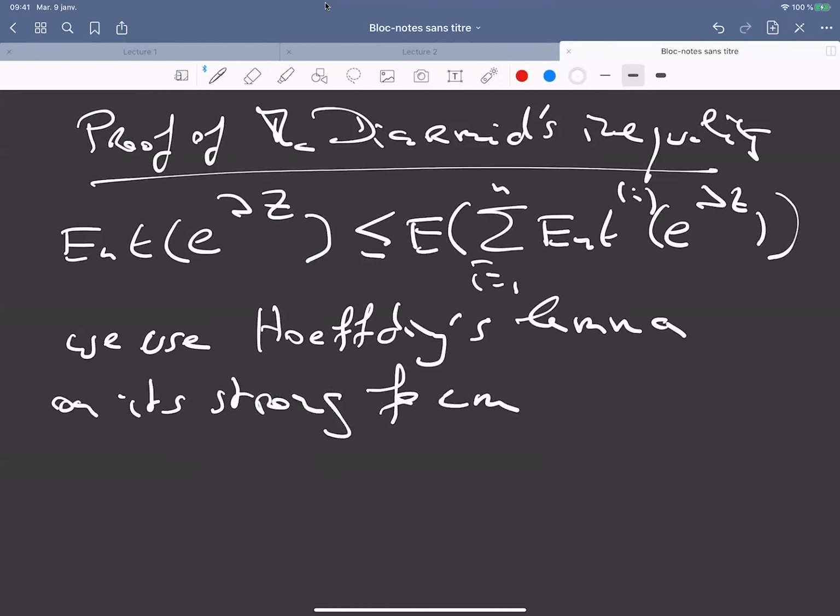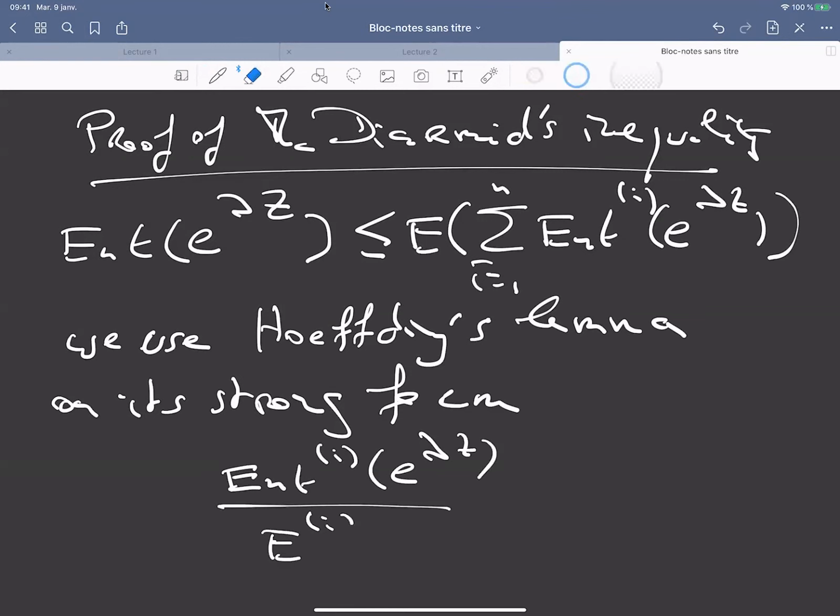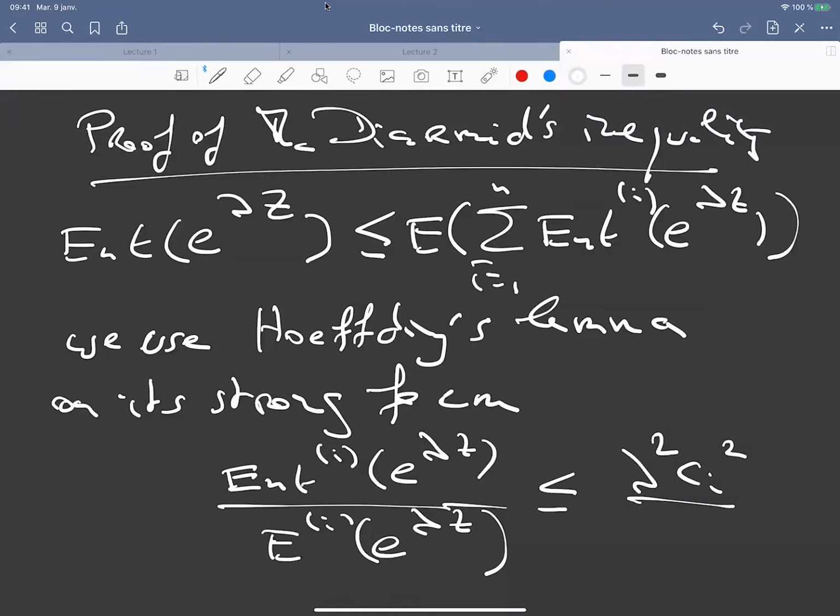That is, we use the fact that the ratio of the conditional entropies are controlled by lambda square Ci square over 8.